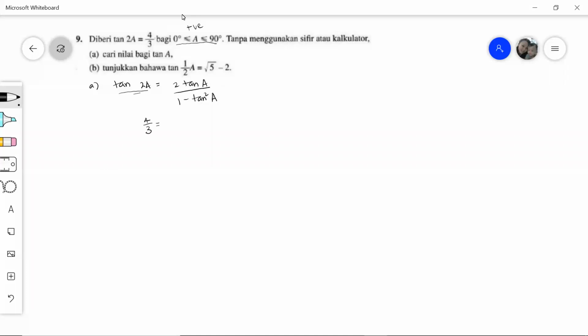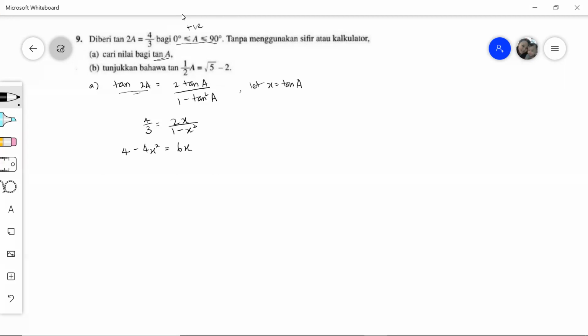At the same time, tangent A is what we want to find, so we can let x be tangent A, to make the whole equation look much easier. So 2x over 1 minus x squared. Now cross multiply to get rid of the fraction. So we will have 4 minus 4x squared equals 6x.